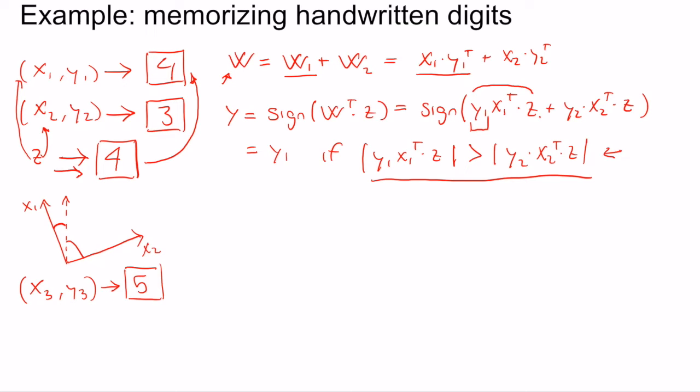Now the question is whether y1 times x1 transpose times c will be larger than y2 times x2 transpose times c plus y3 times x3 transpose times z. And if these two are two dimensions, like in this particular plot, then this is less likely now.